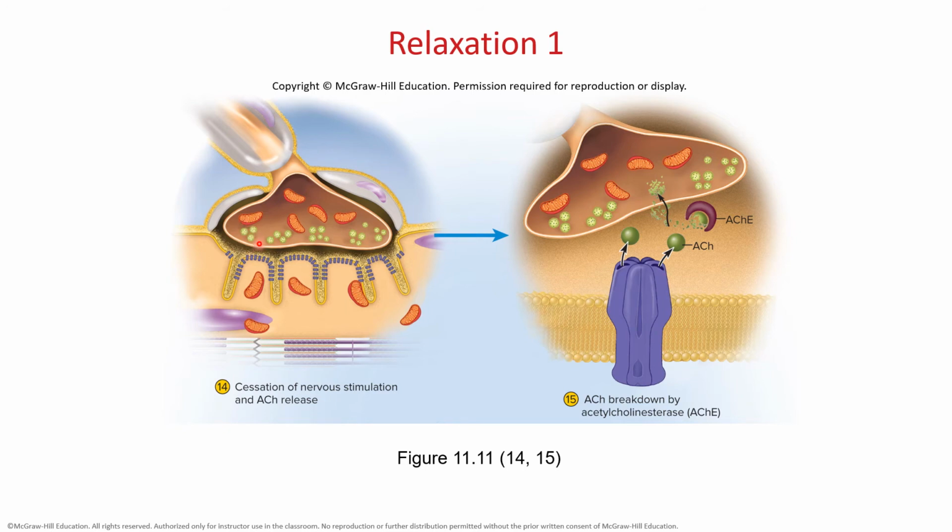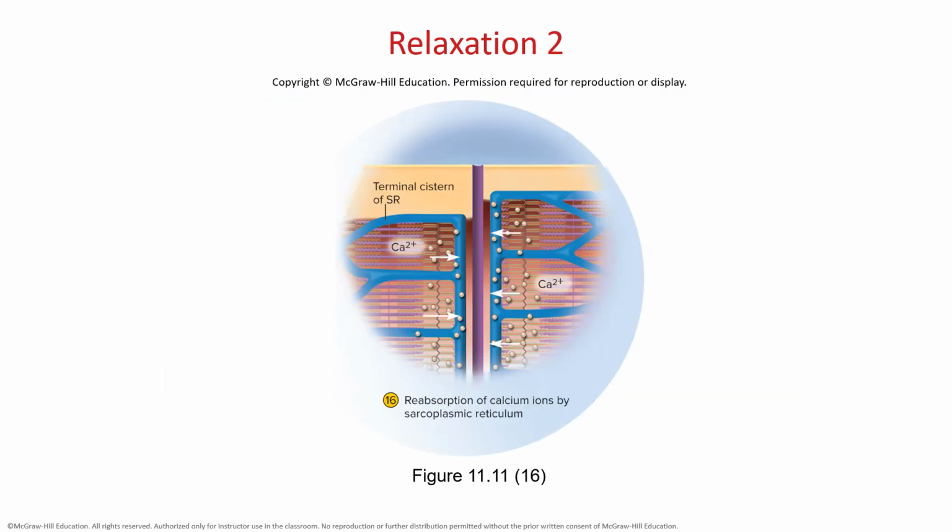Those synaptic vesicles are going to stop releasing the ACh across that synaptic cleft. Also, the ACh that is in the synaptic cleft is going to start to be broken down by acetylcholinesterase. So that'll start the process of relaxation.